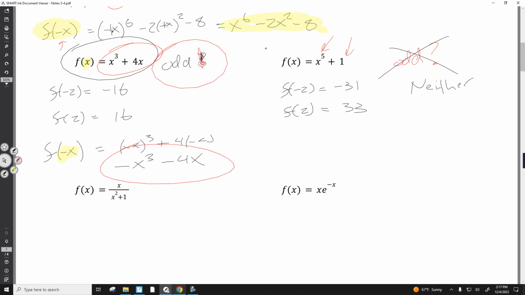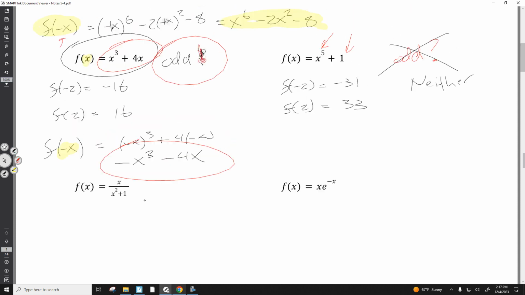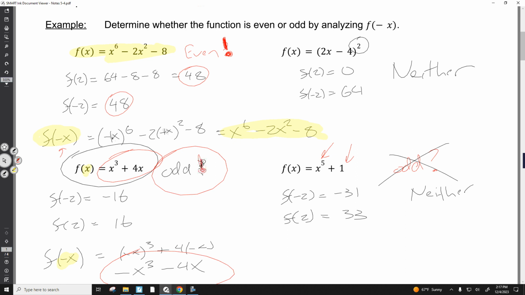All right. So then you're like, okay, it seems like we have all even powers means even. All odd powers, but without an extra number, odd.